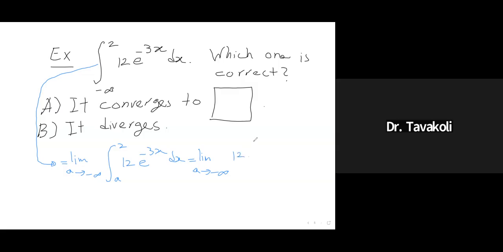The antiderivative of e to the power of minus 3x is e to the power of minus 3x over minus 3. And this should be evaluated at the limits of the integral, and then we do the subtraction. Before that, 12 over minus 3 is minus 4. So let me simplify this as minus 4.